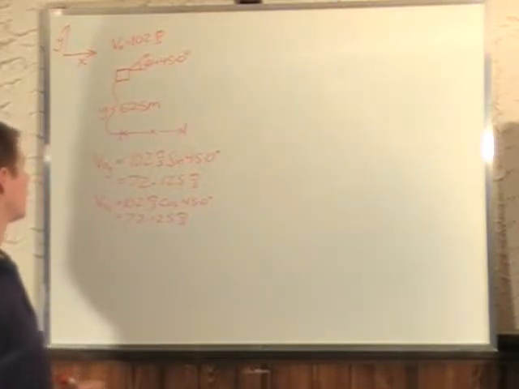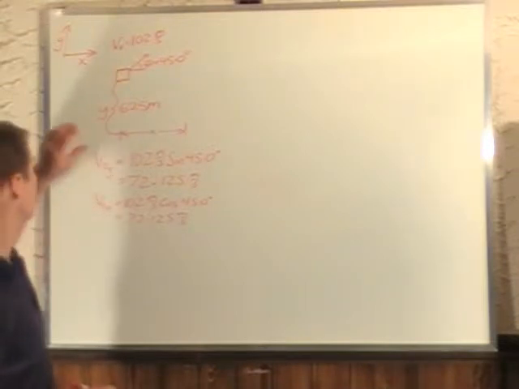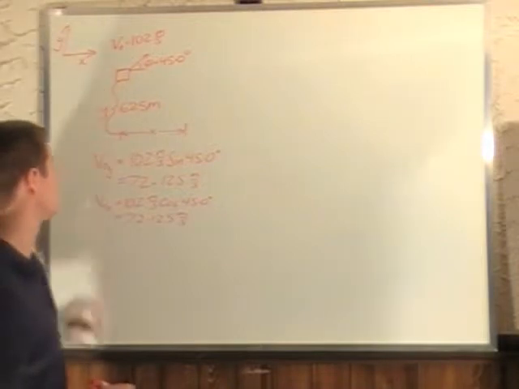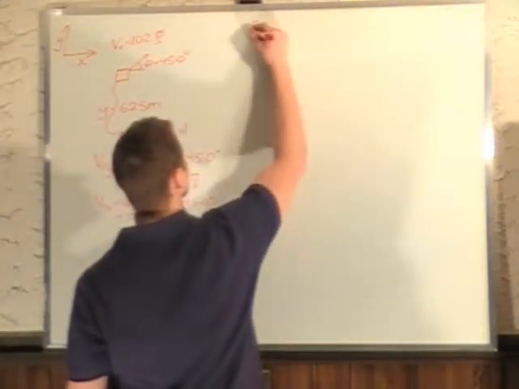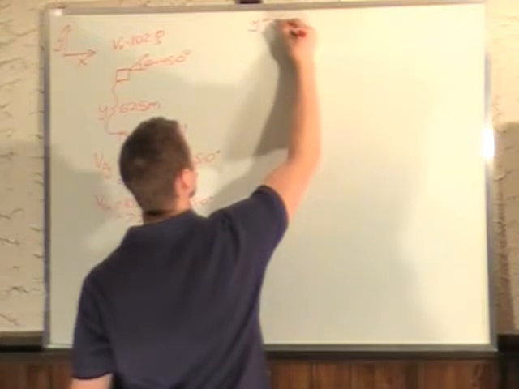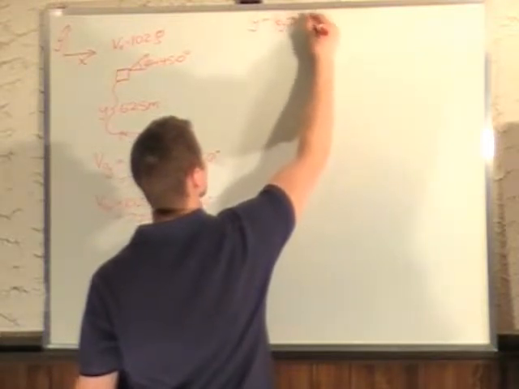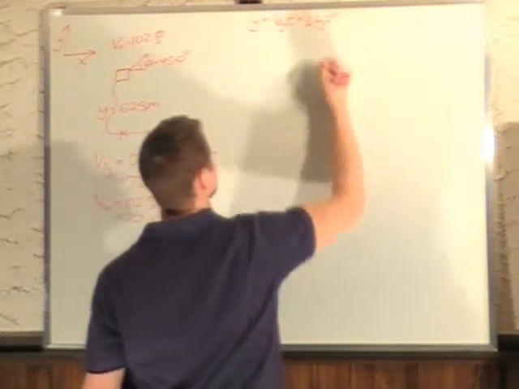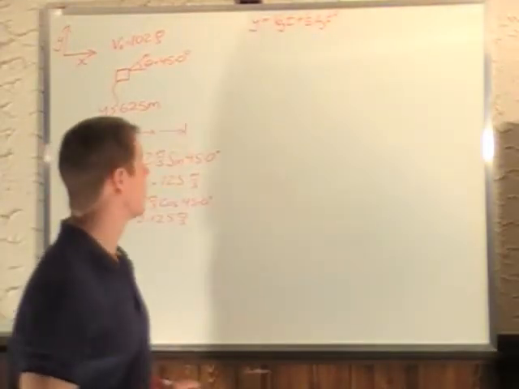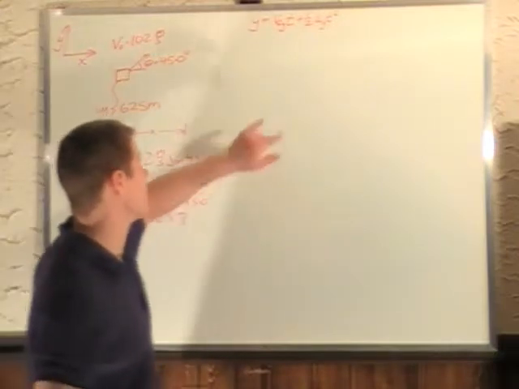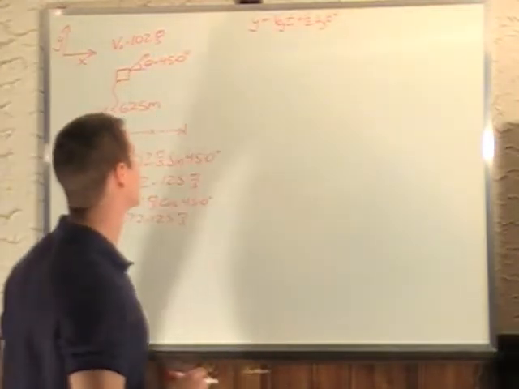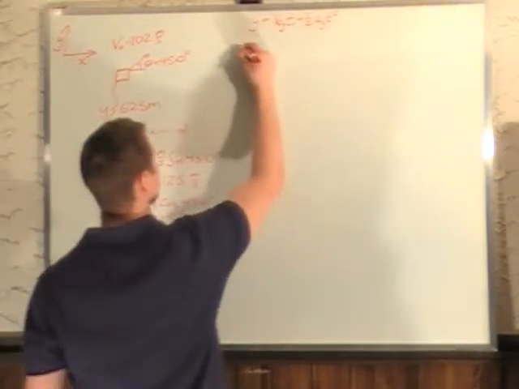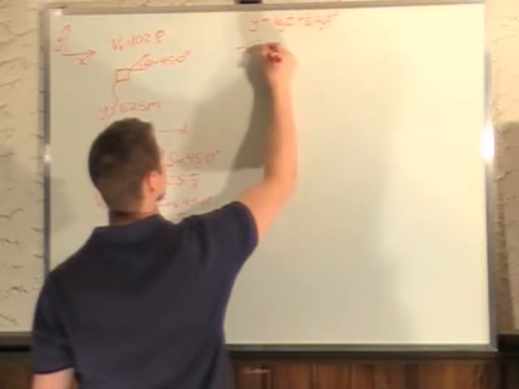So now we're going to look at solving for the time it takes for this package to get to the ground. So we can say y equals v naught in the y direction times t plus 1/2 acceleration in the y direction times time squared. Now, we're not going to be able to just solve for time because we have a time and time squared. So let's put in what we know. We know y is going to be negative 625 meters.